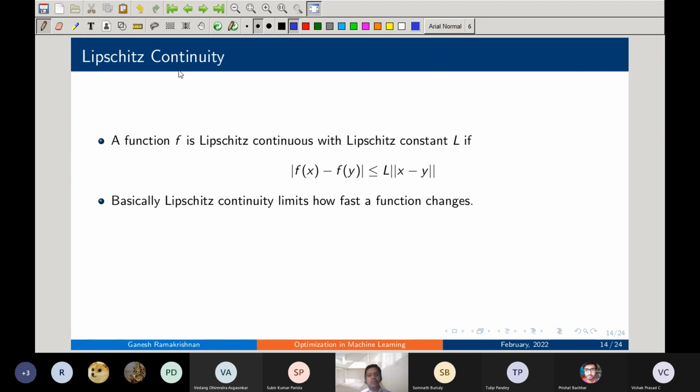Now it turns out that there is a connection of Lipschitz continuity with the gradient.